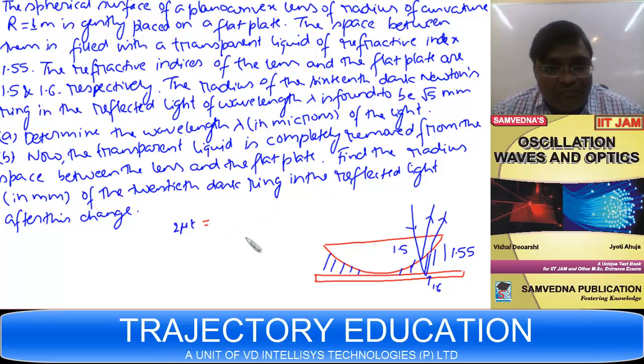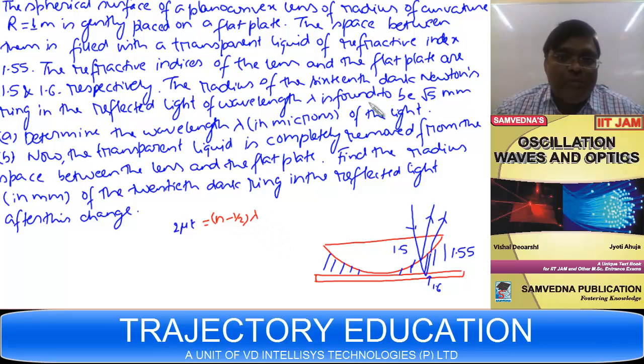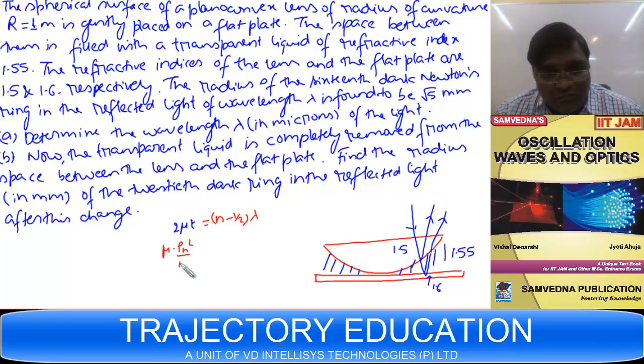For minima, it should be equal to n minus half lambda, because it's talking about a dark ring. And 2t is rho n square by r, into lambda.